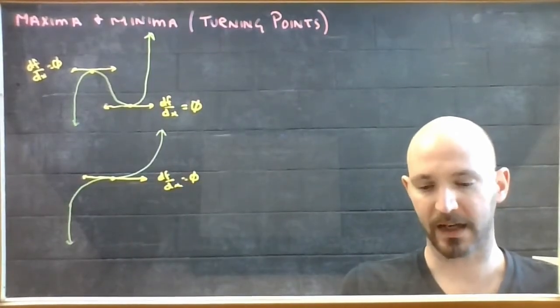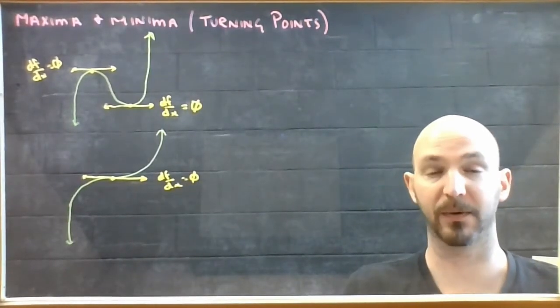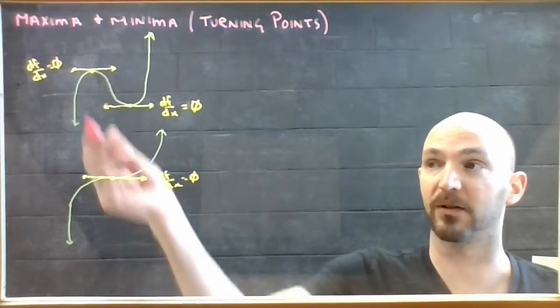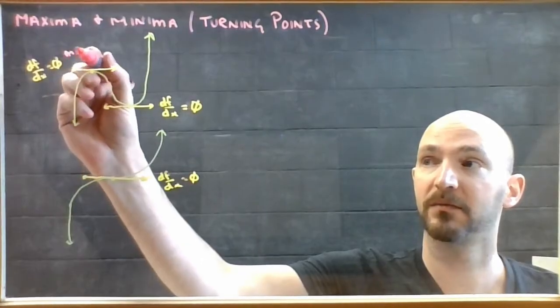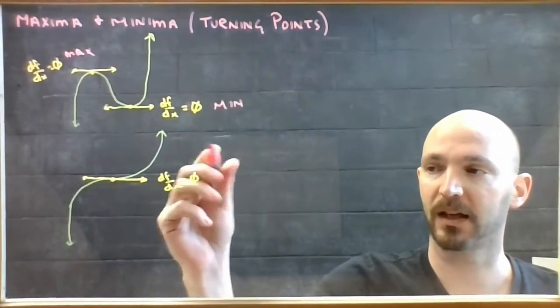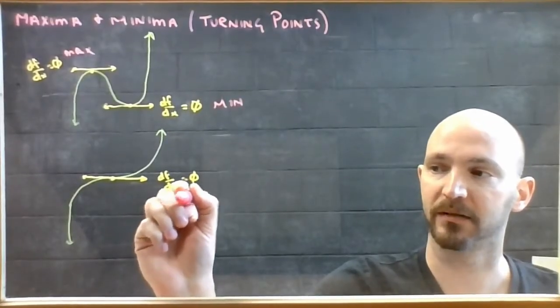So what I have generated here then are three different features that occur when the derivative is equal to 0. One of them would be a maximum, one would be a minimum, and one is called a saddle point.